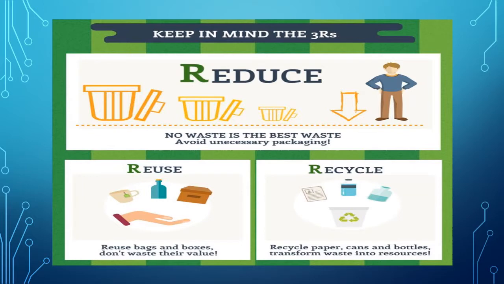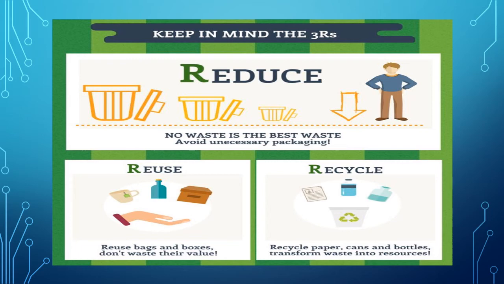To conserve the resources, we should keep in mind the three R's. These three R's are R for reduce, R for reuse, and R for recycle. Here, reduce means each person should reduce their consumption. For example, you should take only that much food in your plate which you can consume.